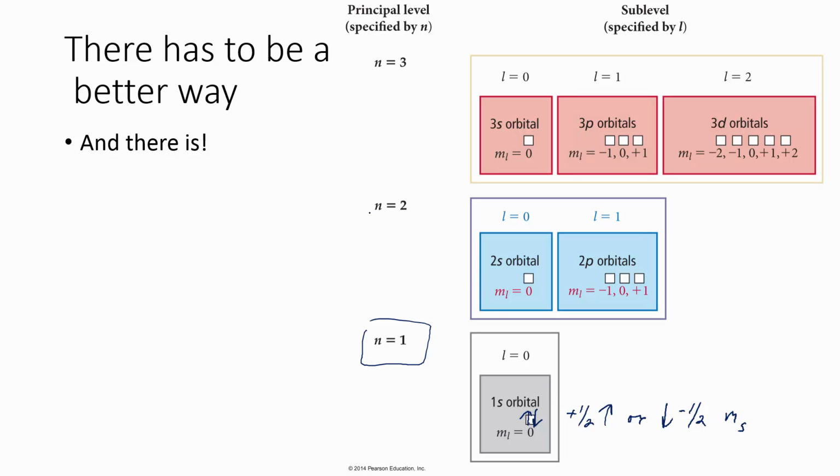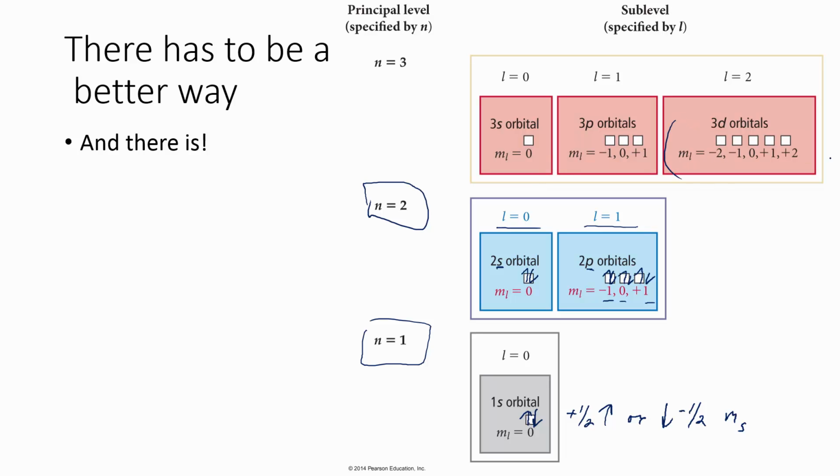And then at the second quantum level, n equals 2, we have the L equals 0 and the L equals 1 shape, which is P, so 2s, 2 being the n value, or 2p. We have one possibility with 2 different spins. And then we have 3 different orientations in space for the 2p's with 2 different spin possibilities as well, plus 1/2 and minus 1/2.